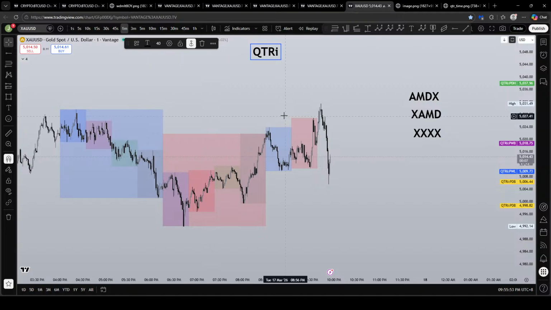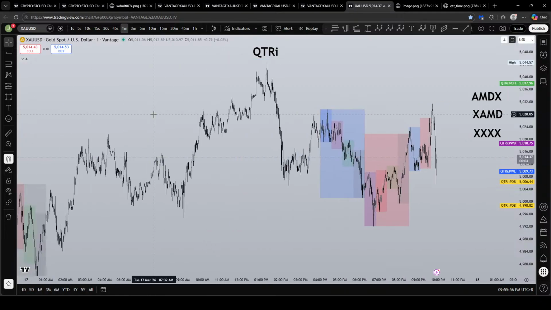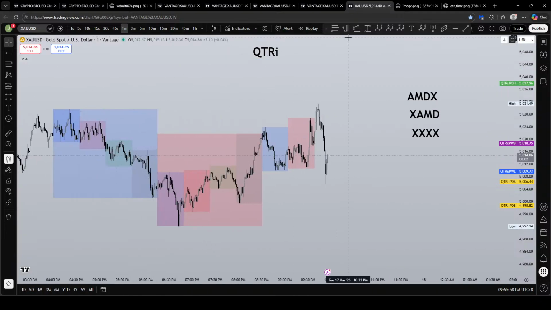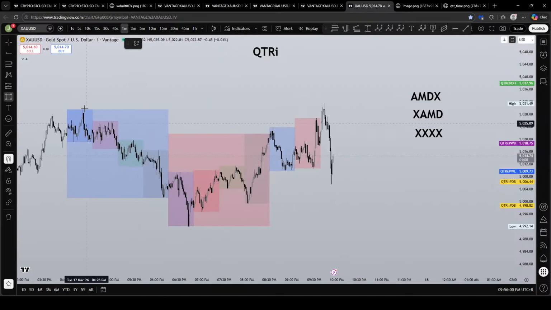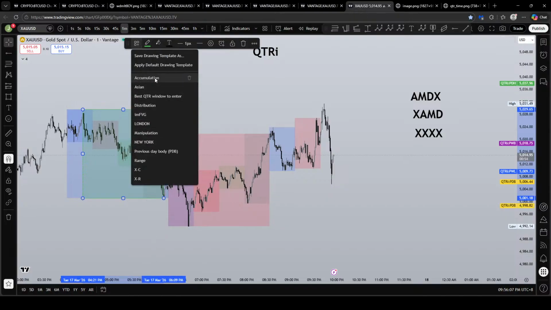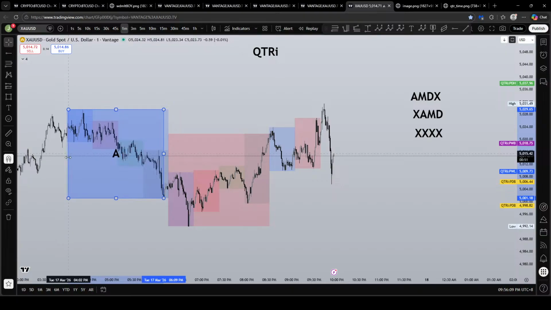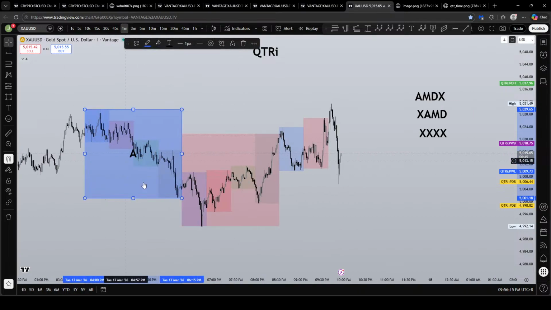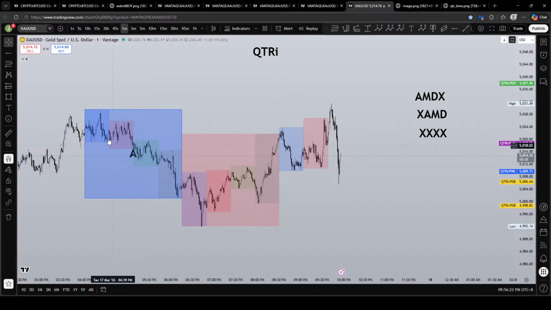With this, the first quarter can be considered an accumulation. One of the reasons it should be labeled as accumulation is simply because there is no clear manipulation.